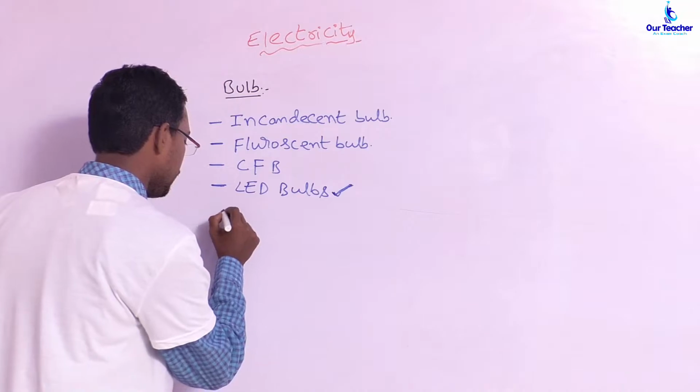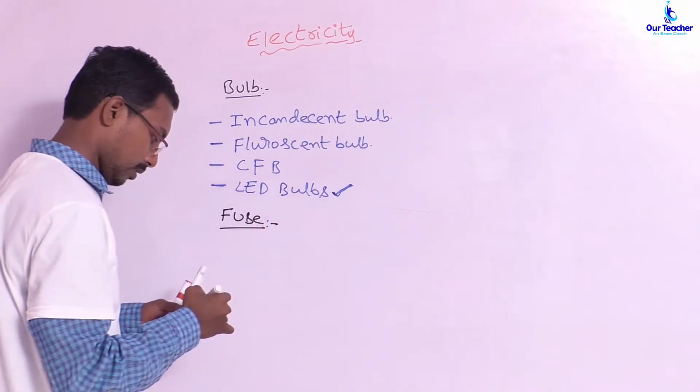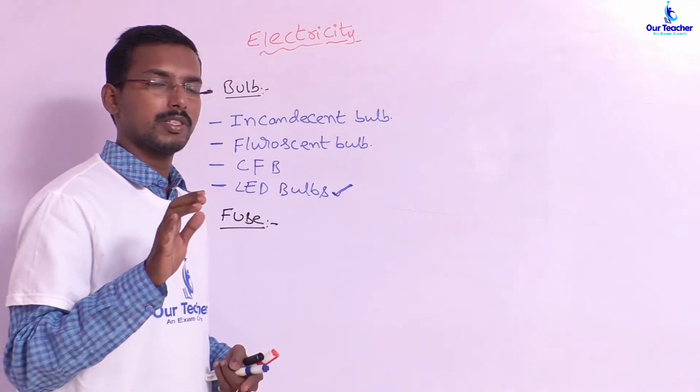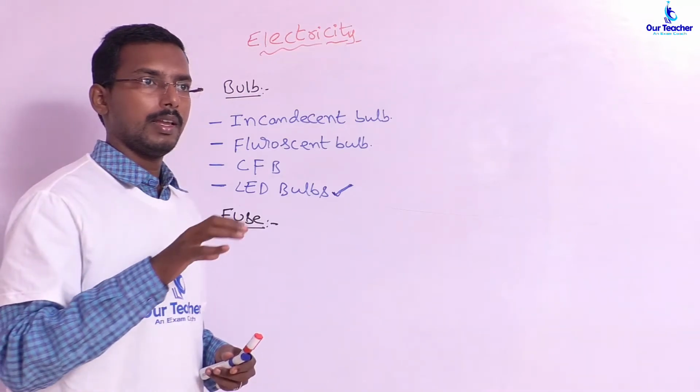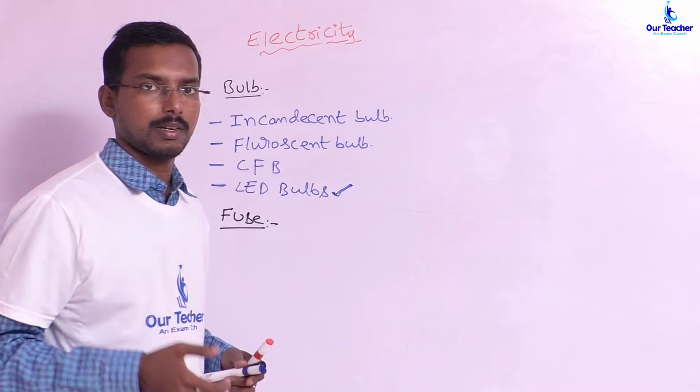What is an electrical fuse? What is the purpose of a fuse? Simple. A fuse is a small device or an instrument which will save our electrical home appliances from excess power or excess current, right?